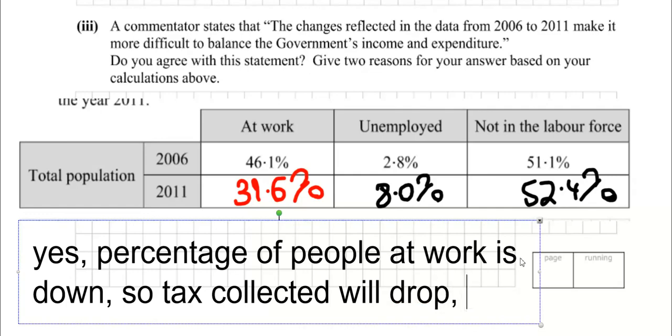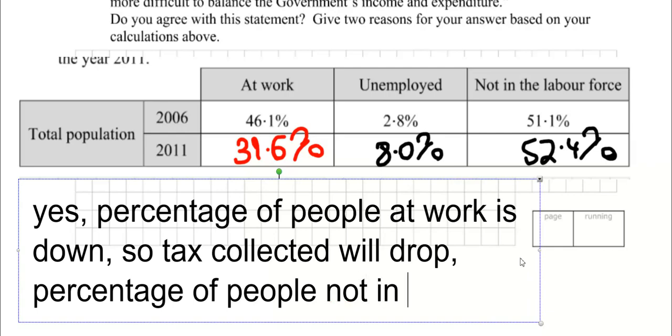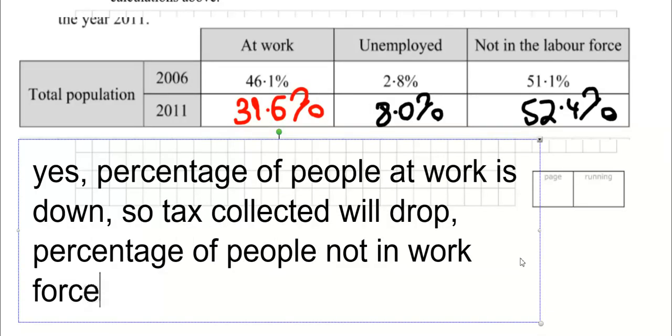Okay. Percentage not in workforce is up. So what does that mean? You could be paying more people for pensions.